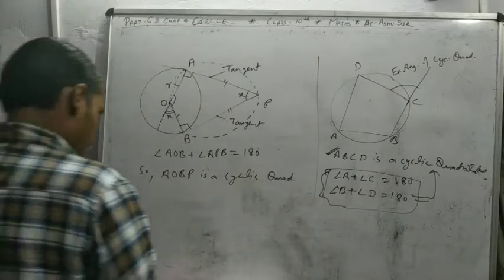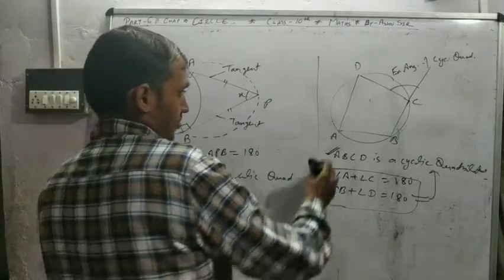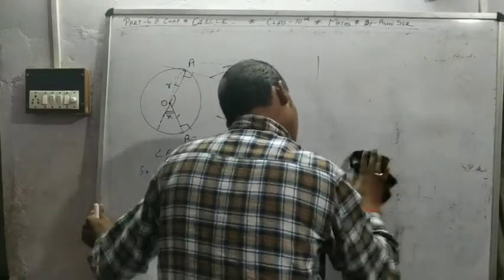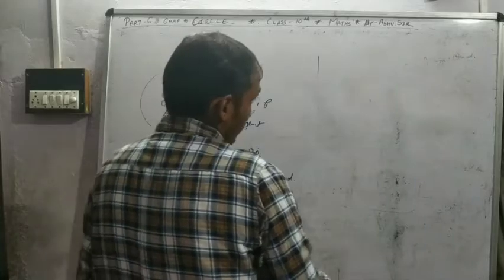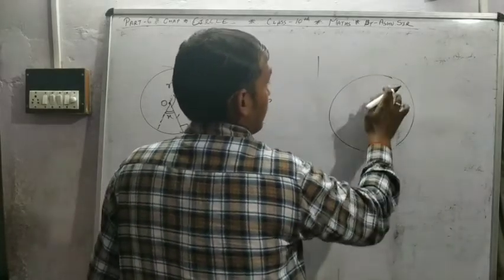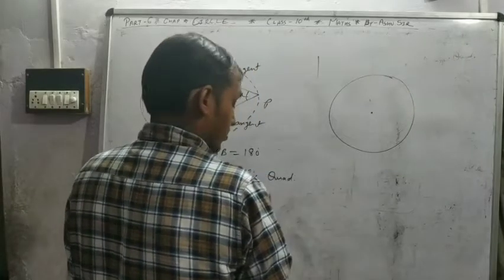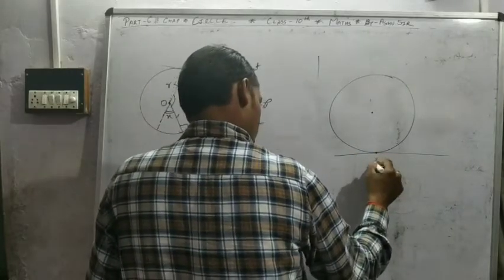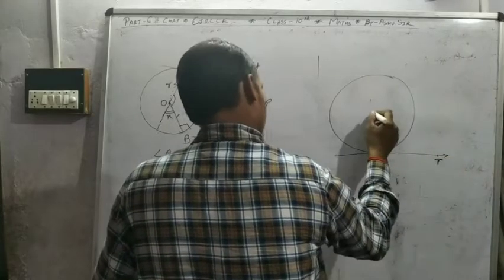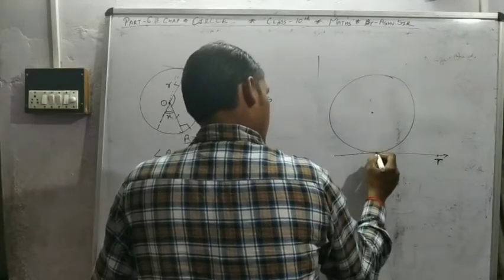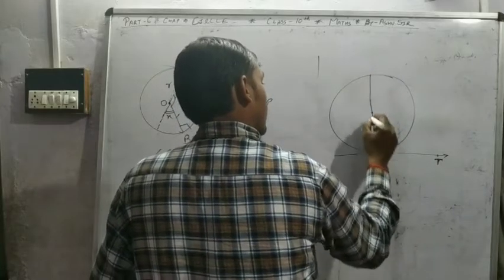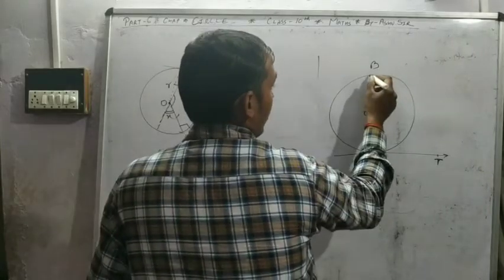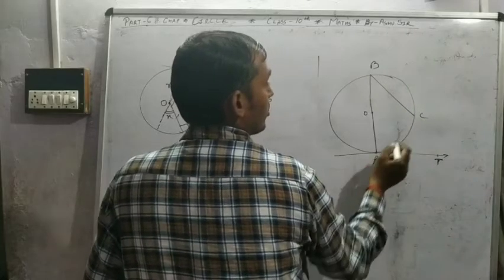One more thing we say: suppose a tangent at A and the diameter AB, and any point C on the circle.